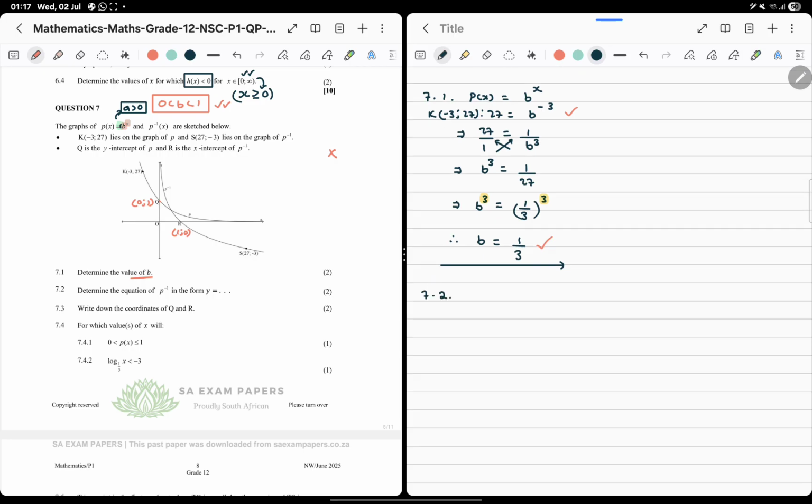So 7.2. Determine the equation of p to the exponent minus 1, the inverse. Okay. So we know that the inverse of p is such that we switch x and y. Now we can write p as it's supposed to be. So this is a third to the y.